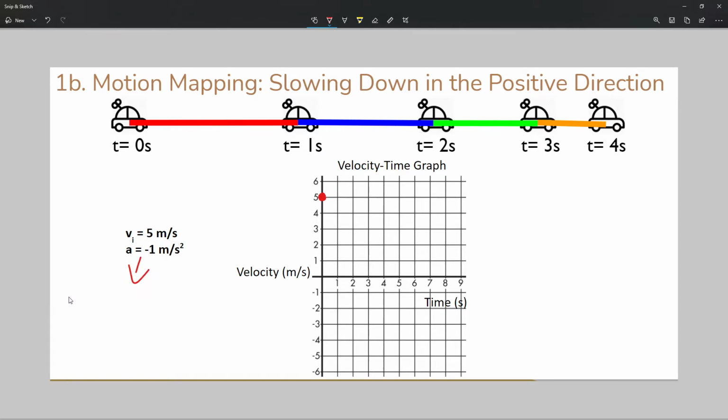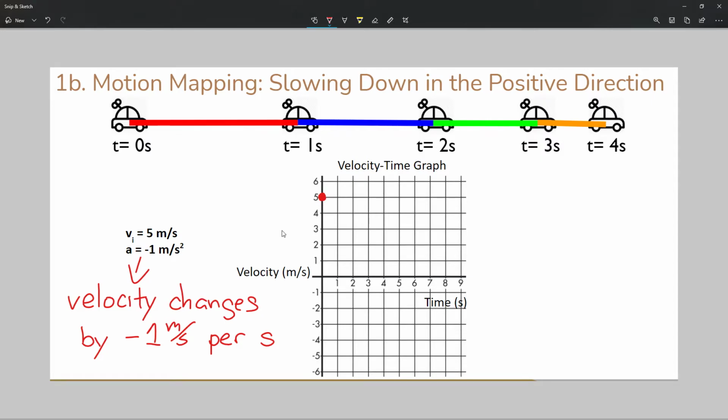That means that your velocity changes by negative 1 meters per second, every second. That's how much your velocity changes each second. That's what acceleration is: changing velocity.